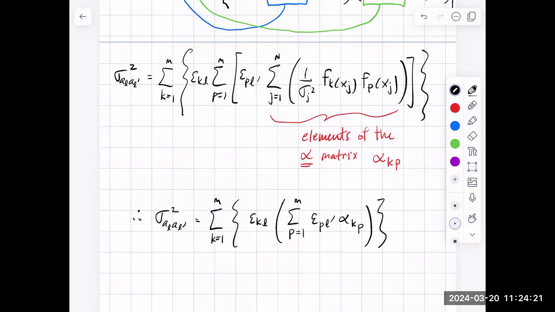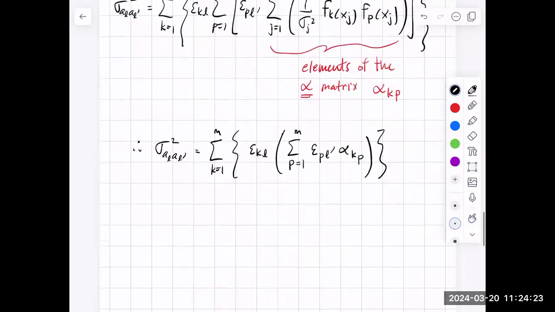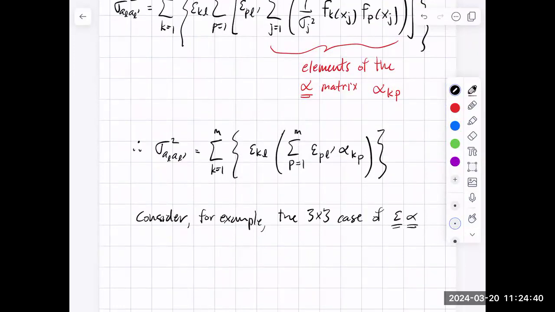Okay, so let's consider, for example, the 3x3 case of epsilon times alpha.